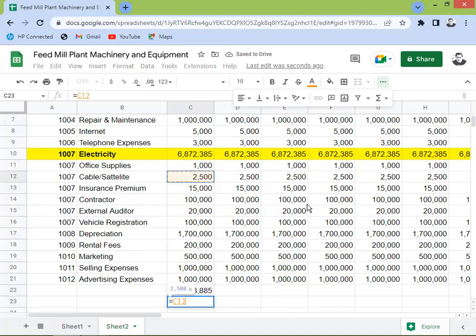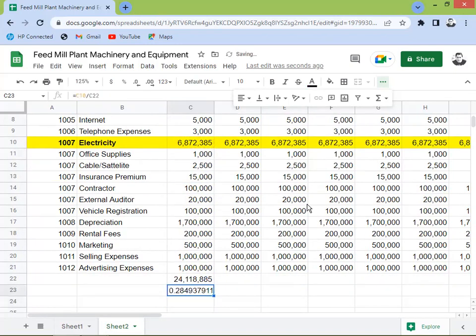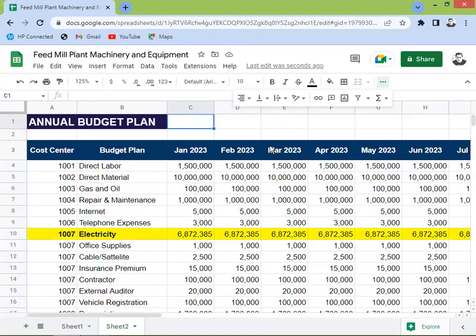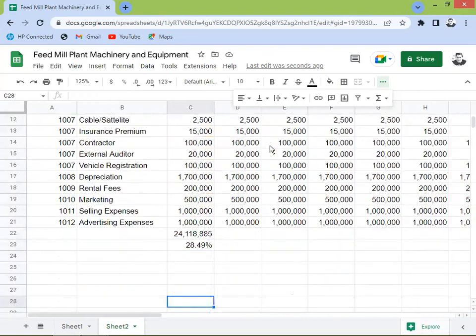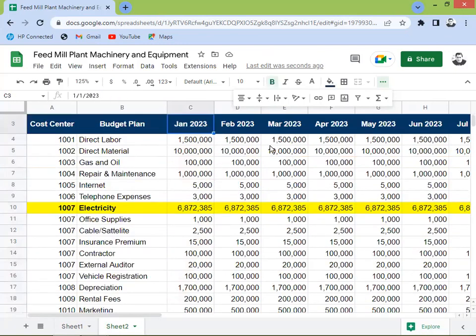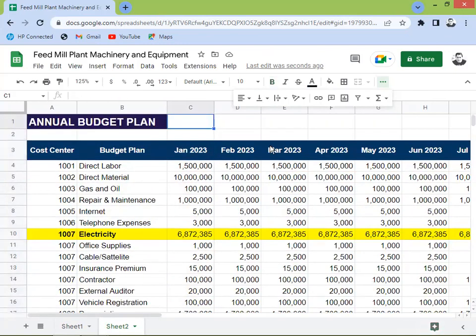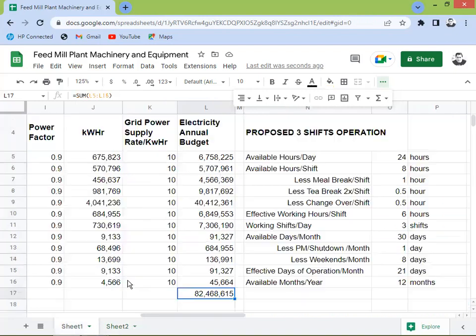In this exercise, electricity consumption would be 28%. It would be 28% of your budget per month is electricity consumption. Okay. This is how you come up with your electricity consumptions.